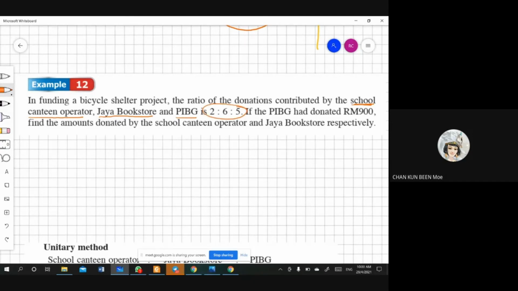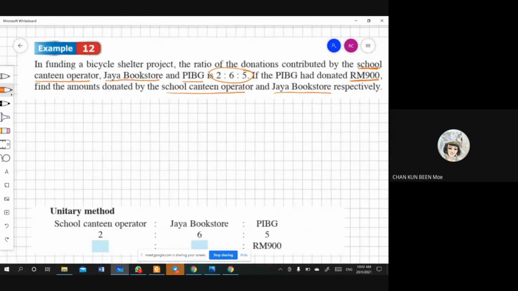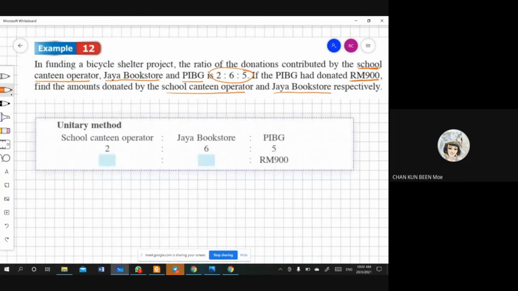If the PIBG had donated 900, find the amounts donated by the school canteen operator and Jaya Bookstore. So we have three quantities involved right now. Here, they show you the unitary method, whereby you just need to represent all of it in three different quantities. So I'll show you this one. This is from the book actually.